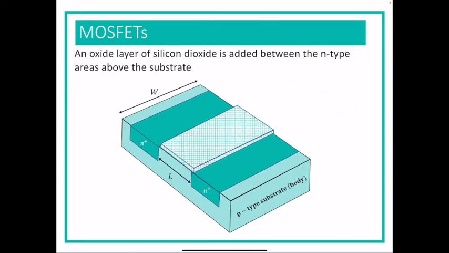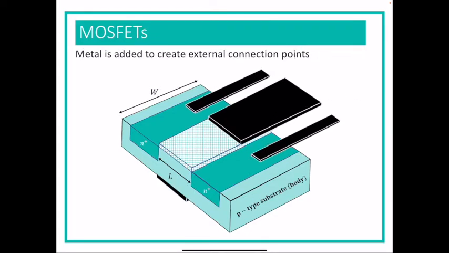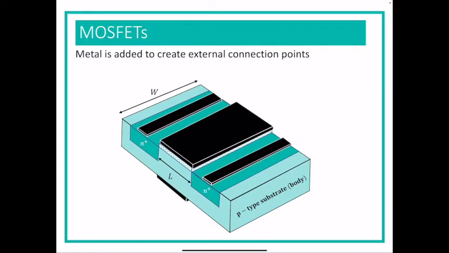Then there is an oxide that is put on top between the N-type areas, and on top of that is metal. That's just like the metal oxide semiconductor connection there in the middle, and then to either side there's also a piece of metal on top of the N regions and also a piece at the bottom.